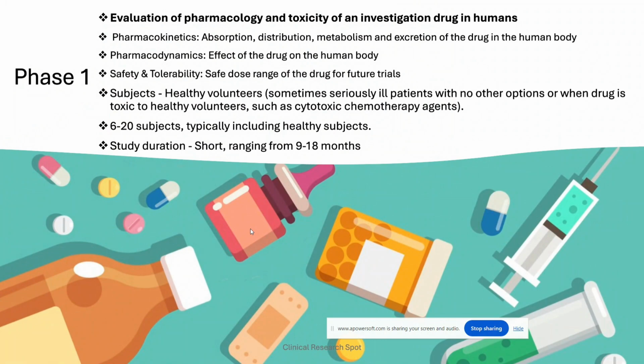Approximately 20 to 80 subjects may participate in the trial. The main aim of this phase 1 study is to check the pharmacokinetic effects of the drug, that is, to know about the absorption, distribution, metabolism and excretion of the drug in the human body.